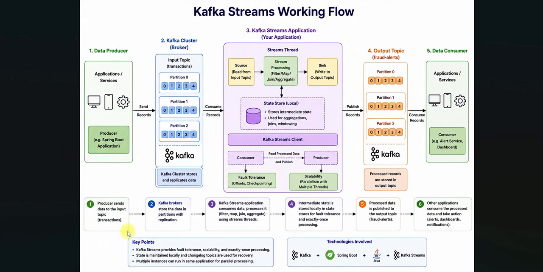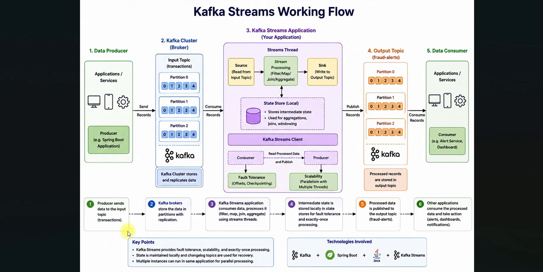Here we are using the filter operation. Intermediate state is stored locally in state stores for fault tolerance and exactly-once processing. The processed data is published to the output topic. Other applications consume the processed data and take action: alerts, dashboards, notifications.